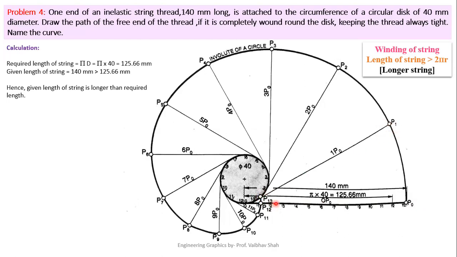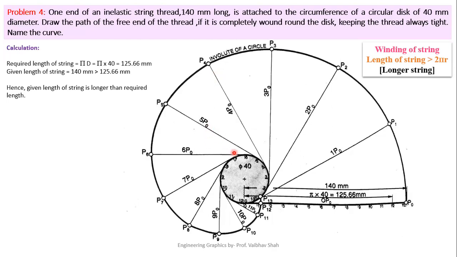Now take the distance from 2 to P0. Put your rounder at point 2 on your circle and try to cut this line somewhere here to get P2. Now take 3 to P0 and put your rounder at 3 and try to cut this line. You will have P3. Now point 4 to P0. Find point 4 to P0, so you will have this point P4.